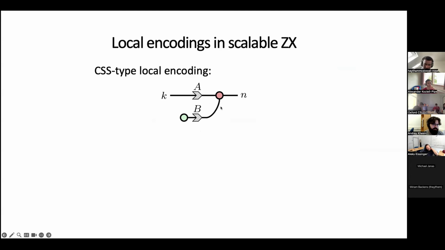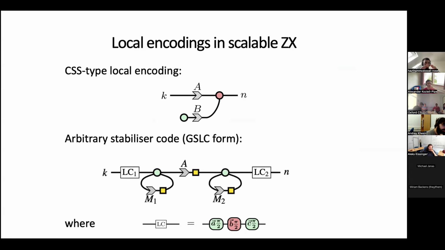A lot of the encoders we work with will be in this form. You can also extend to a bigger class of encodings where the encoders are Clifford circuits, and this is what that would look like. I won't talk too much about this because I do want to wrap up soonish.